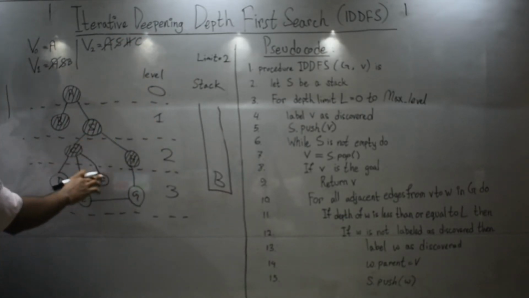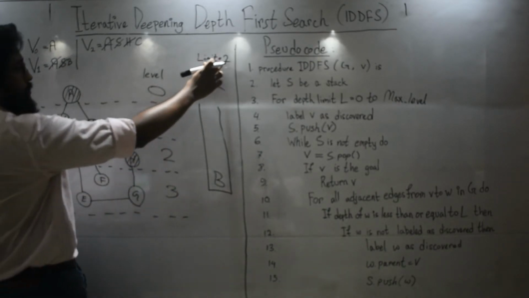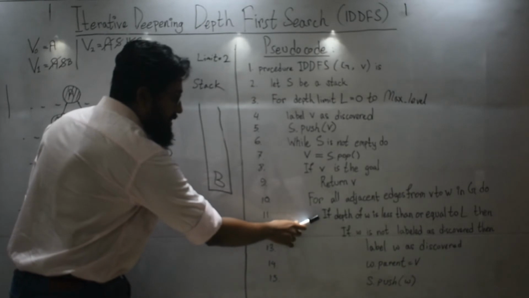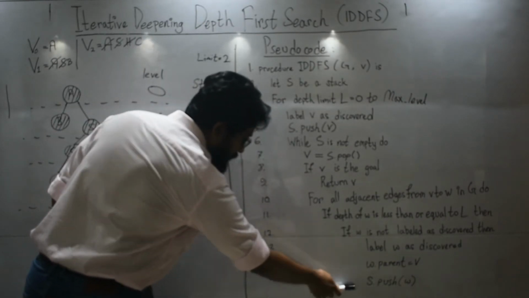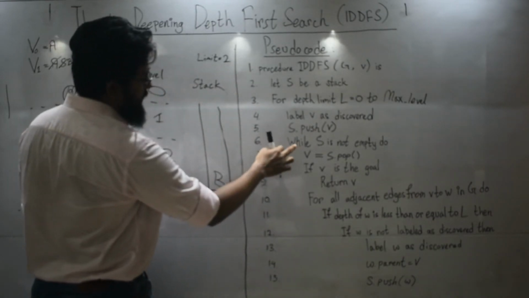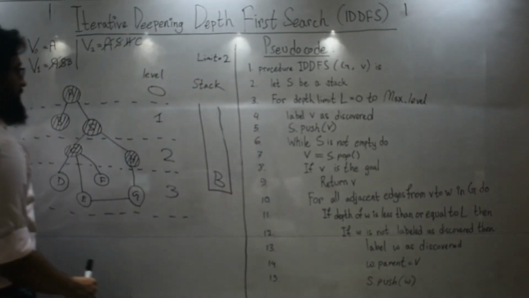The children of C also have a level of 3, which is more than 2, my limit. So they will also not be fulfilling this condition, and this whole thing will be skipped. And again I will come to line number 7.